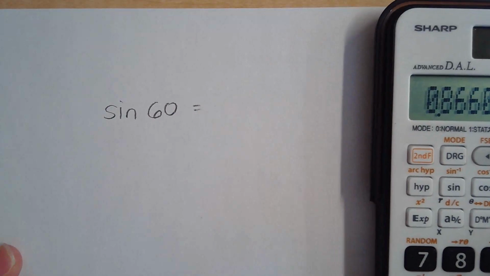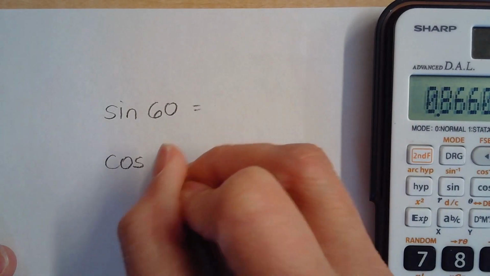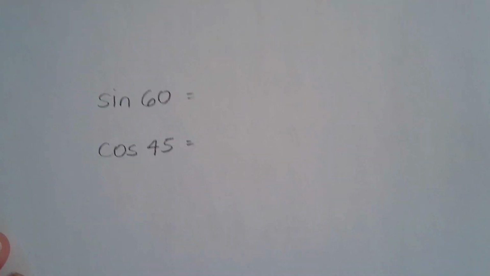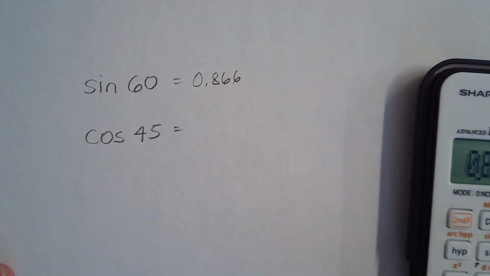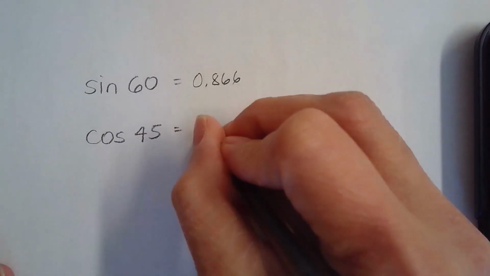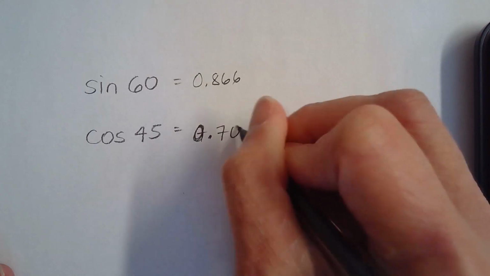Let's try one more time. Let's go cos of 45. Did you get 0.707? Yeah? Okay. 0.707.